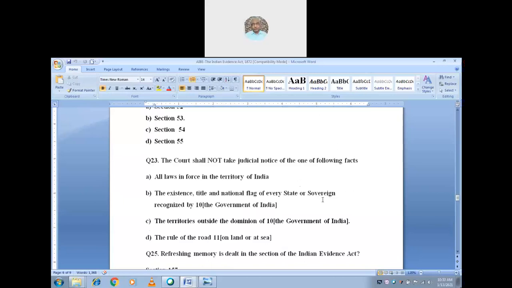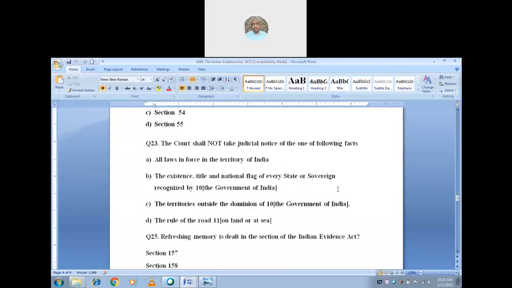Okay, come to the point. The court shall not take judicial notice of the following facts. I repeat, the court shall not, I say not, take judicial notice of one of the following facts. All laws in force in the territory of India will be taken as judicial notice. The existence, title and national flag of every state or sovereign recognized by the Government of India will be there.